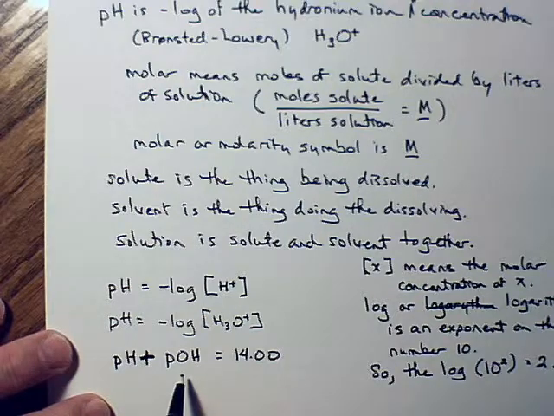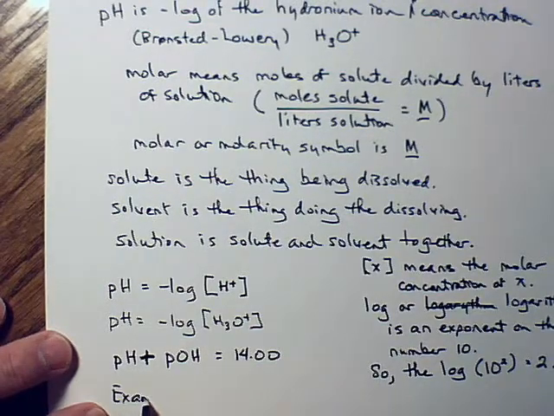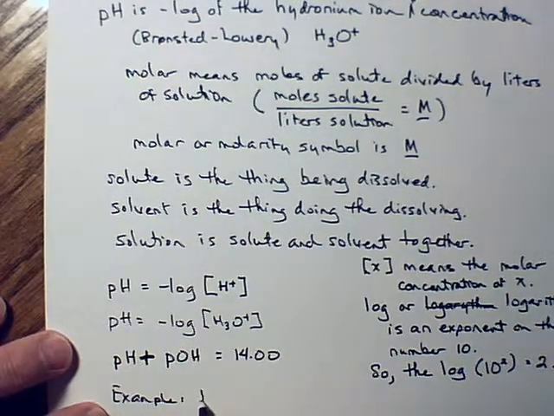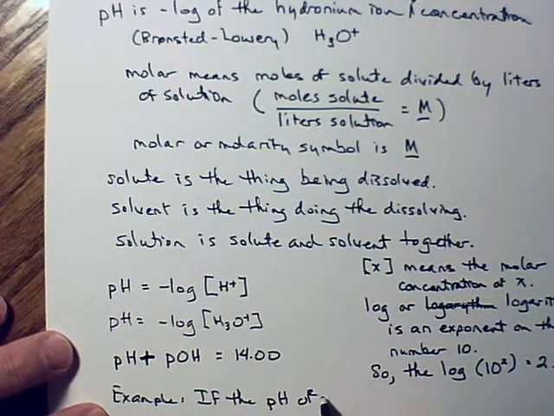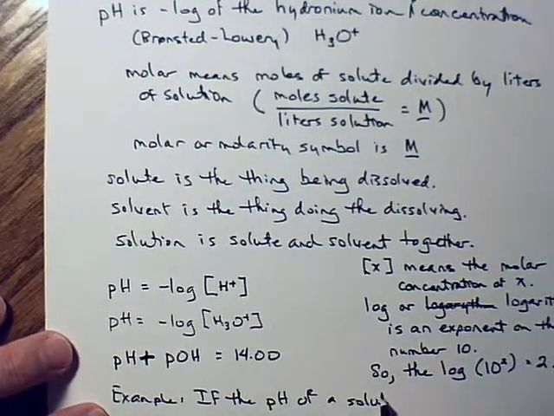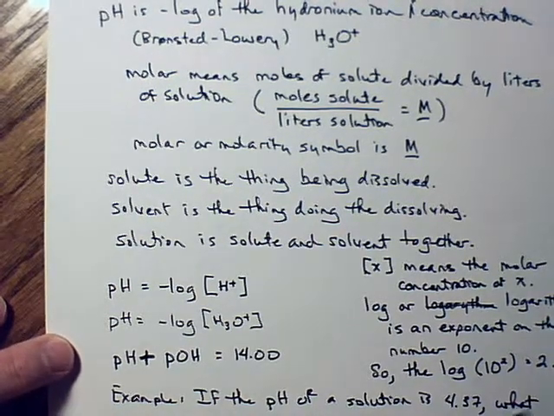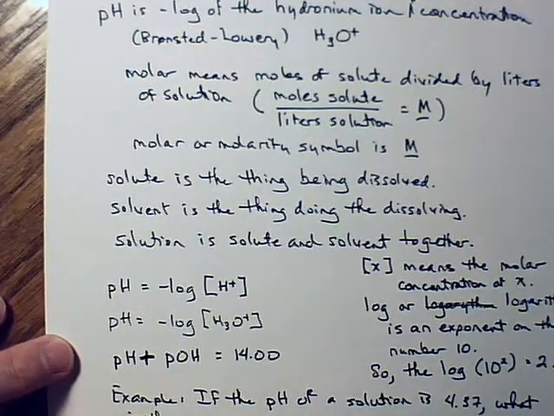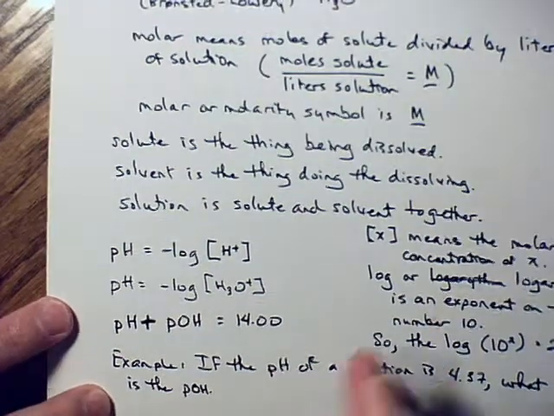For example, if the pH of a solution is, let's say, 4.37, what is the pOH? Now this is simple math, guys. Super simple math.